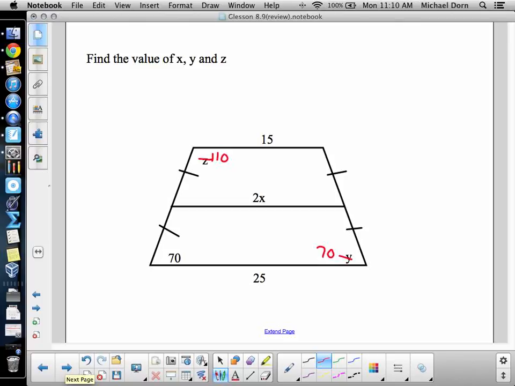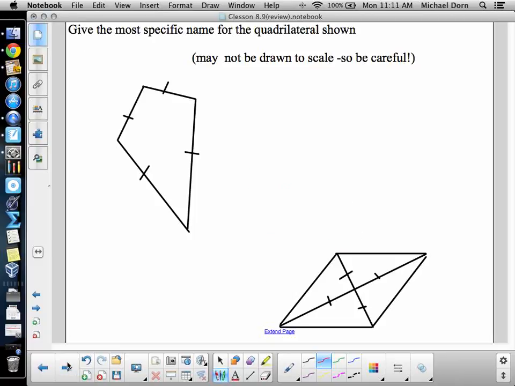Now, before I get into a fancy formula, let's just think logically. If the base on top is 15 and the base on bottom is 25, that's going to have to be 20, right? So 2x has to equal 20, so x has to be 10. Okay? So again, trapezoid's not that tough, and mid-segment's not that hard.